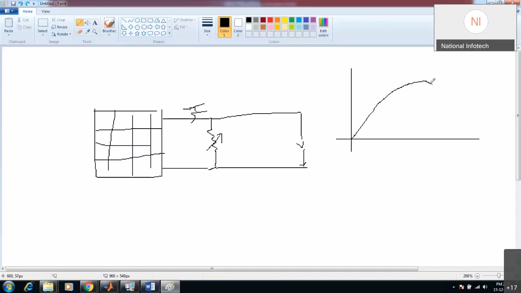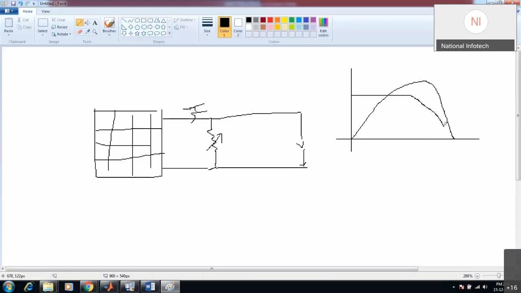This is a PV curve. We will vary the resistance, and accordingly the voltage of this panel will be changing.